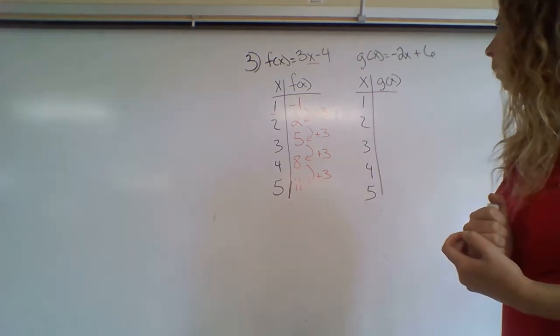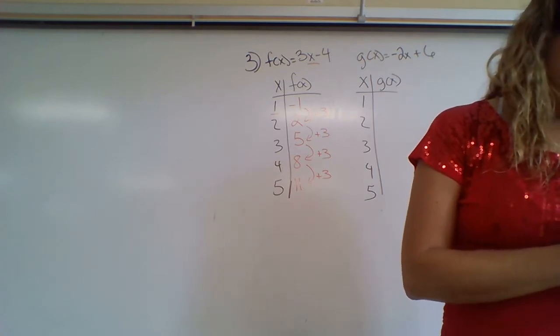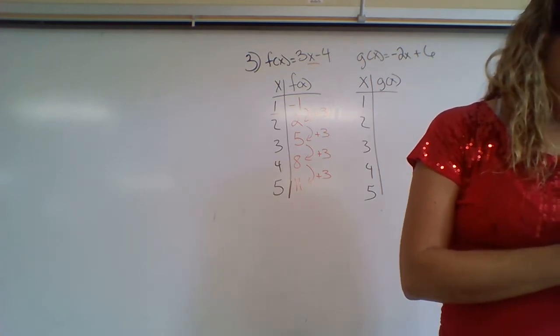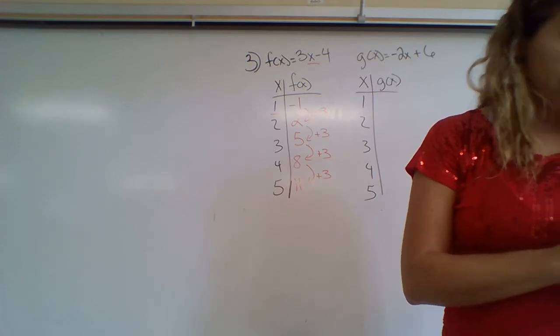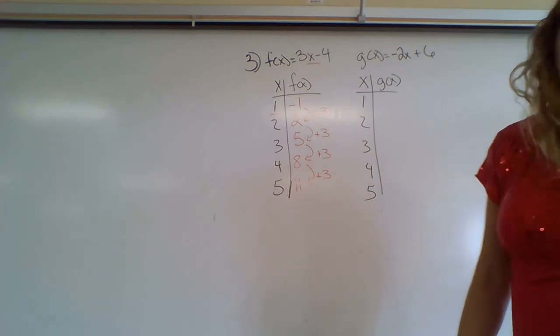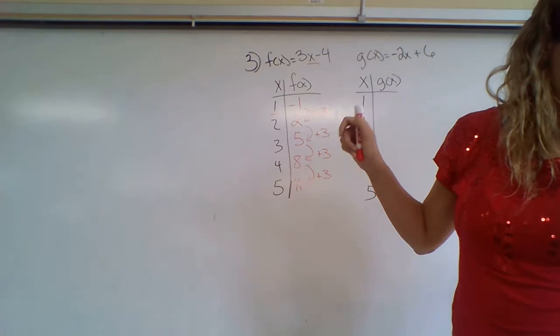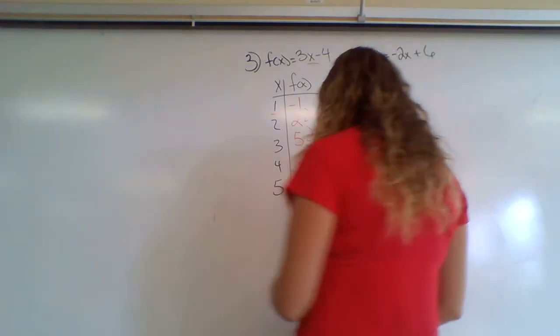And it's not right. Did I write this down right? f of x equals 3x minus 4.